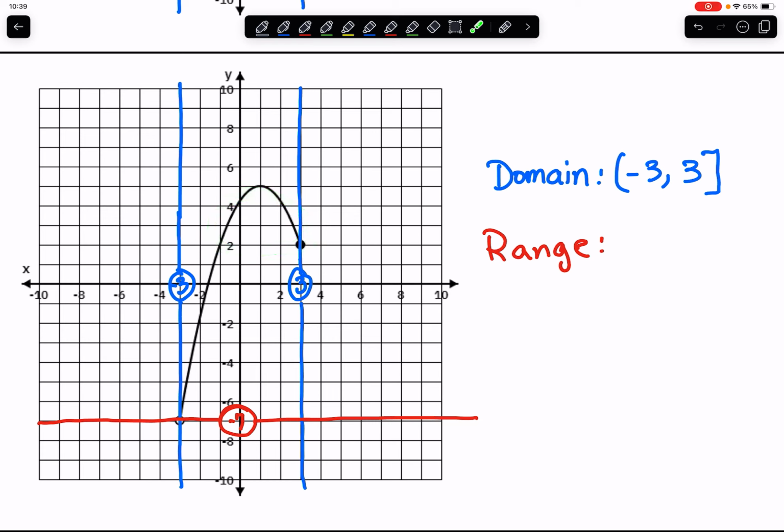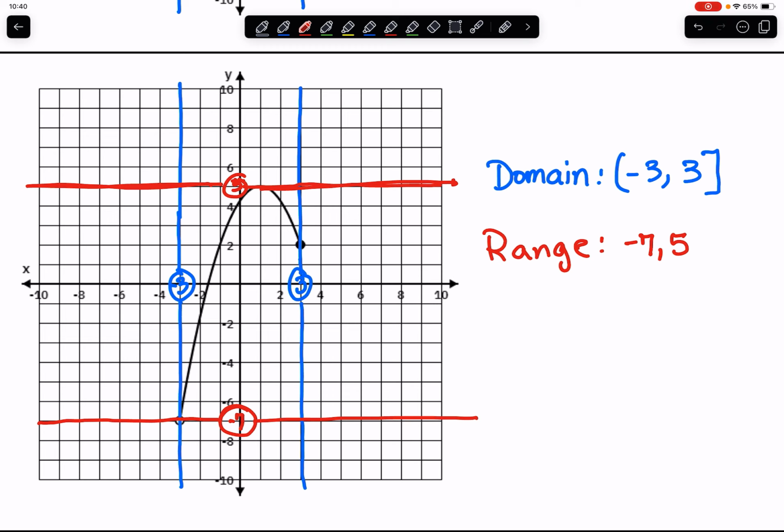The highest that the graph reaches is up here at positive 5. So our range is going to be all of the y values from negative 7 to positive 5.